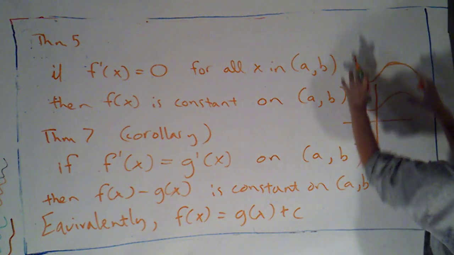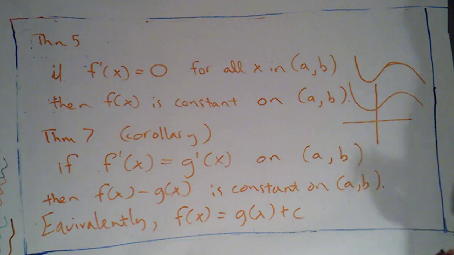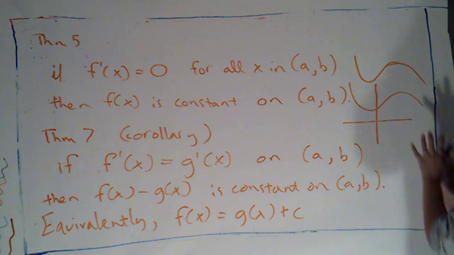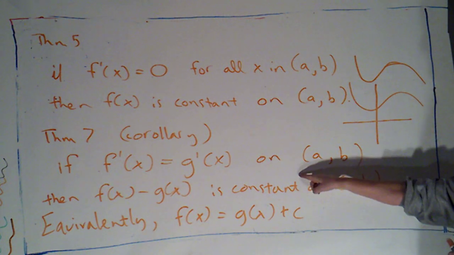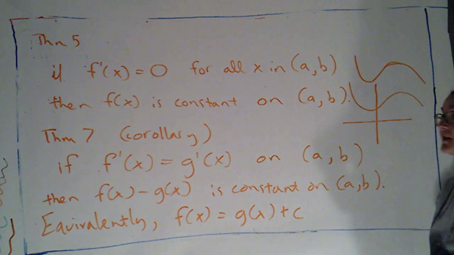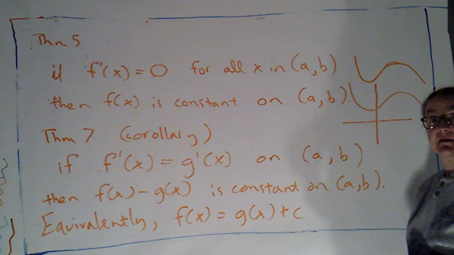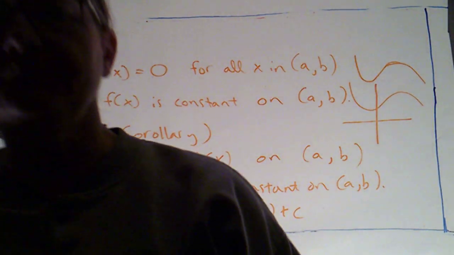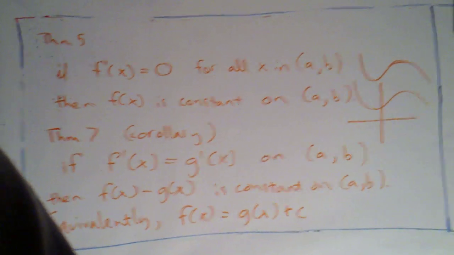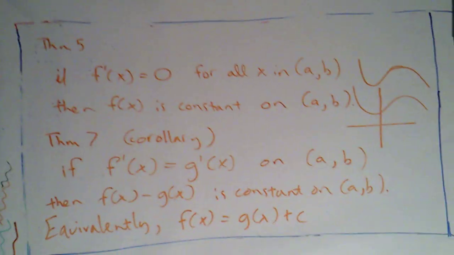I can move it up or down. That's what adding a number c does. But I can't change it in any other way, or that would change the derivative. So this is going to be a super important theorem for us as we move on later through the semester. All right, there we go. And I can turn off the video.